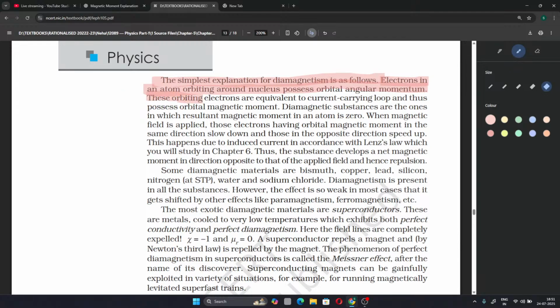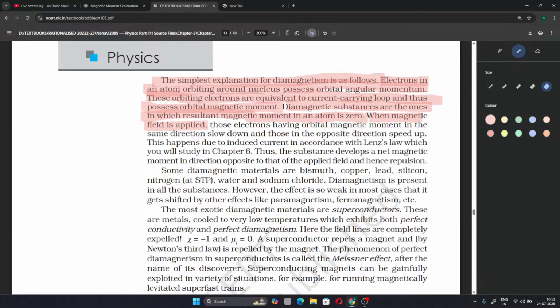These orbiting electrons are equivalent to a current carrying loop and thus possess orbital magnetic moment. And diamagnetic substances are the ones in which the resultant magnetic moment in an atom is zero.